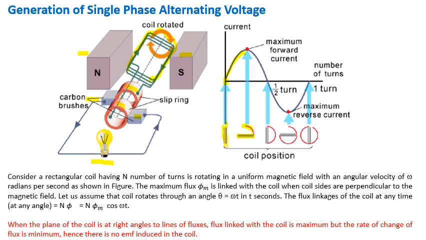Since there is relative motion between the magnetic field and conductor, and the coil is experiencing an increased number of magnetic lines of force, EMF is induced, and that EMF becomes maximum when the coil has rotated through 90 degrees or when the coil is at horizontal position. So at this point the EMF induced is maximum.